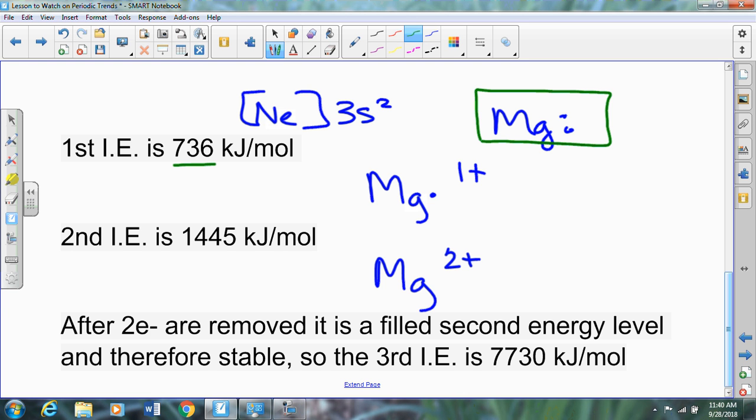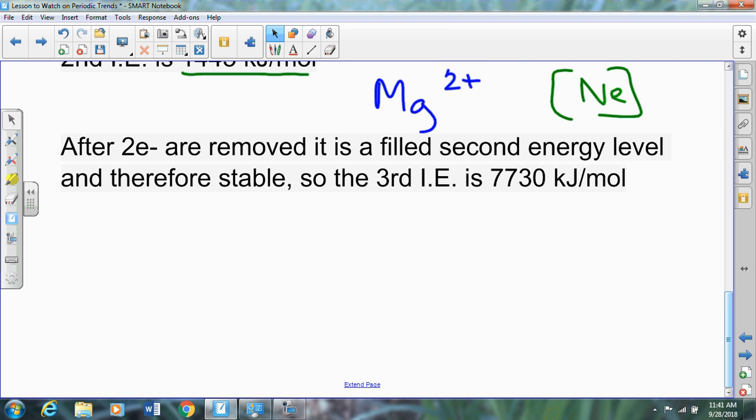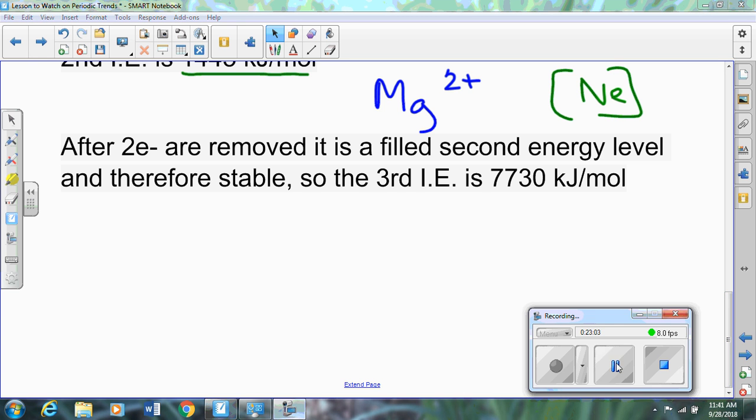You have to add more energy to remove the second electron, leaving it with only this remaining. After that second electron is removed, the second energy level is now filled, and it would take an enormous amount of energy to remove another electron. So as you can see, the magnesium 2 plus now has a pseudo electron configuration of neon.